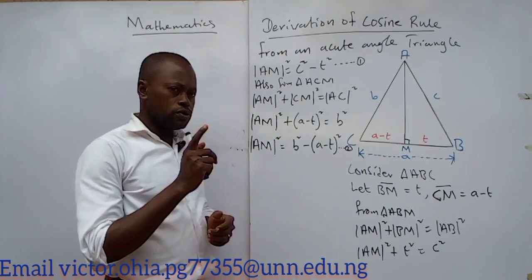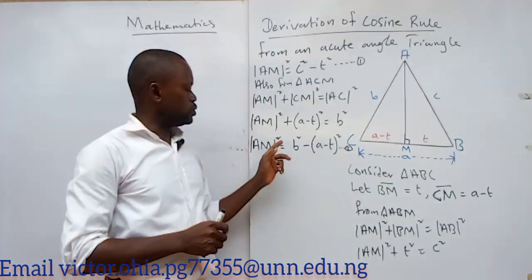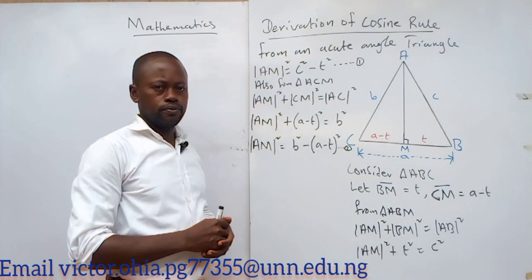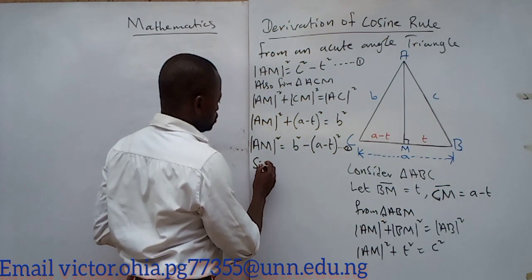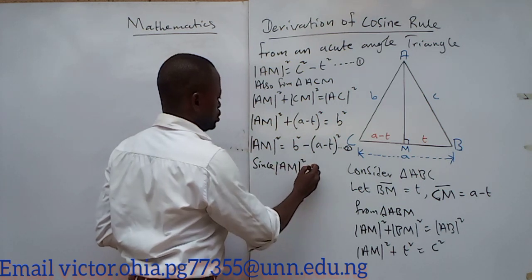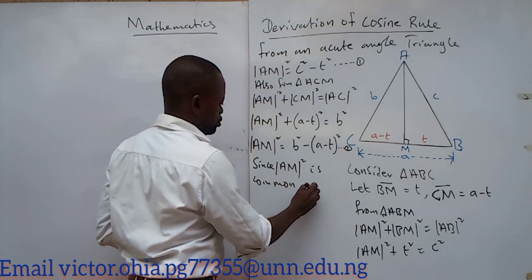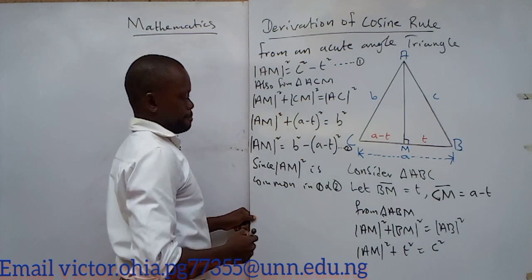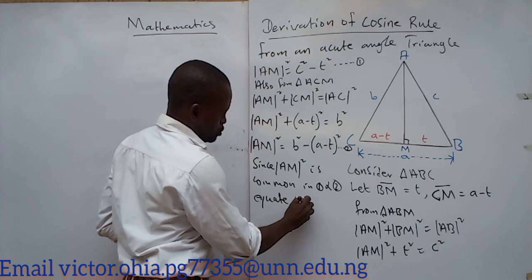Do you realize that AM squared is common in equations 1 and 2? So, since AM squared is common in 1 and 2, equate them.